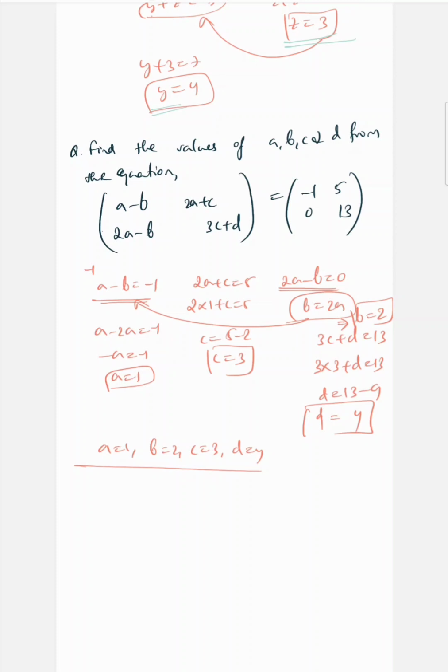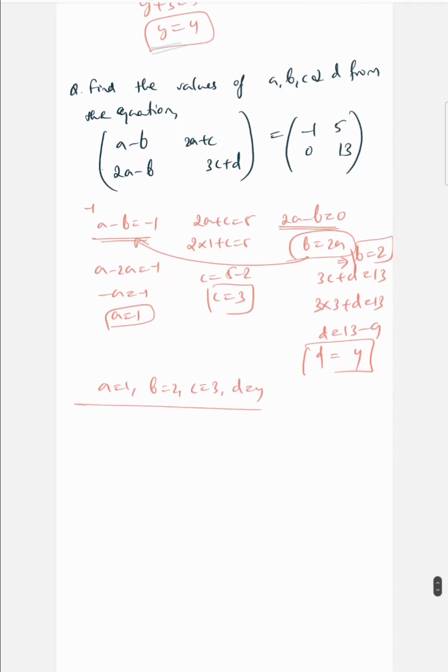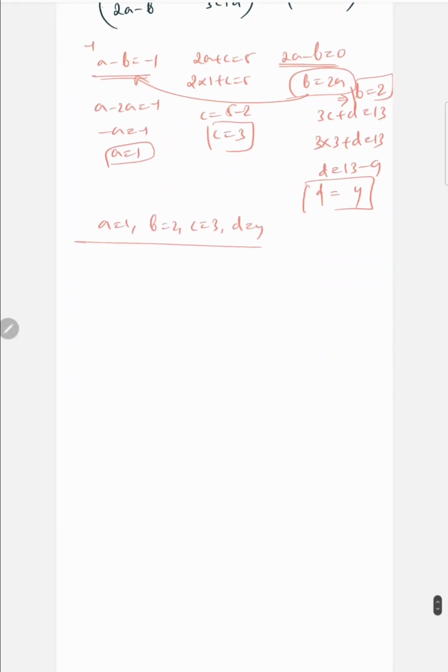Now we have the next question, which is a question from the exercise only. A is a matrix of order m by n with the ij entry a ij, which is a square matrix.